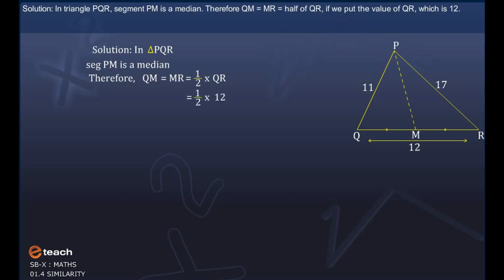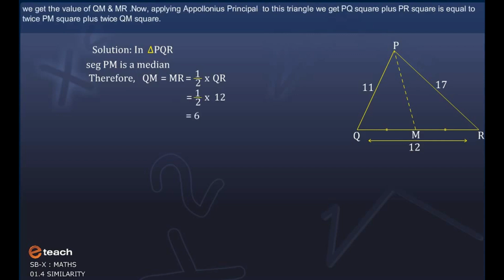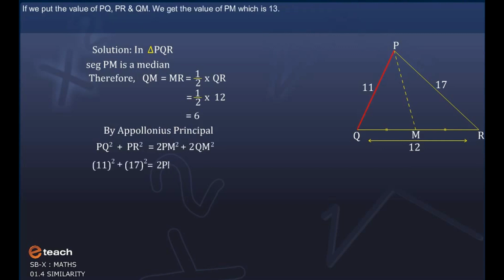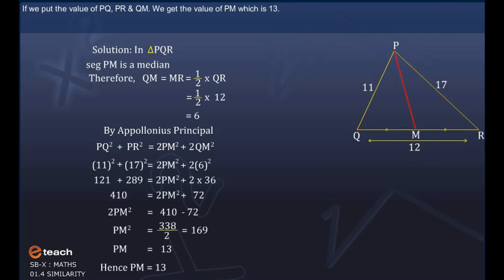If we put the value of QR, which is 12, we get the value of QM and MR. Now applying Apollonius principle to this triangle, we get PQ square plus PR square is equal to twice PM square plus twice QM square. If we put the value of PQ, PR and QM, we get the value of PM, which is 13.